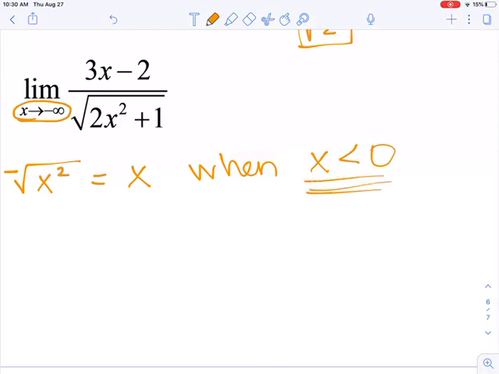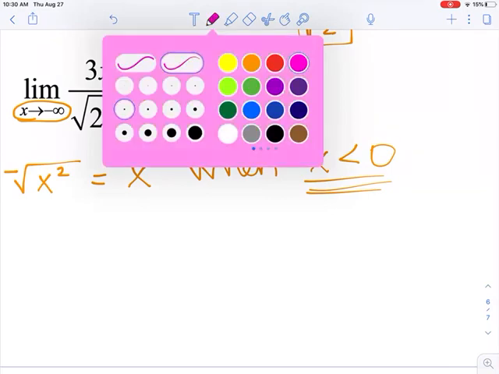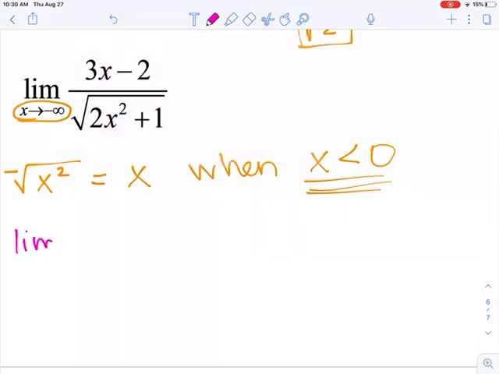Negative radical x squared is equal to x when our x's are negative. Since we're going towards negative infinity, we're talking about negative x values, so we have to throw the negative on there to balance out these negative numbers.